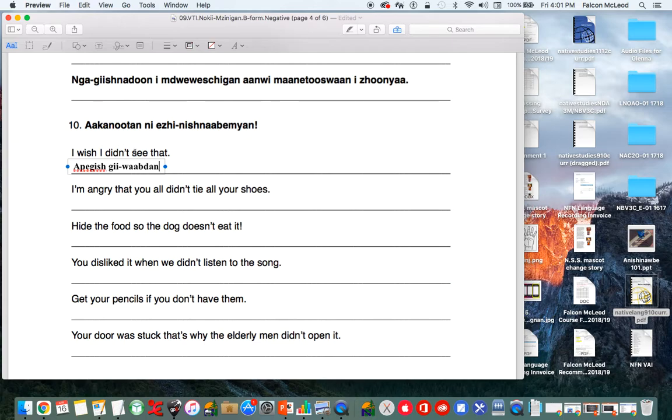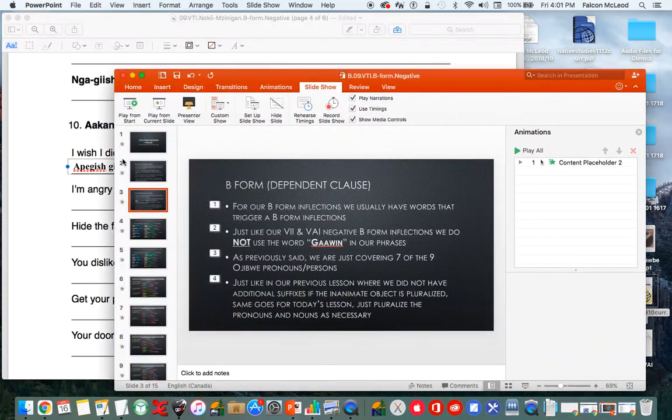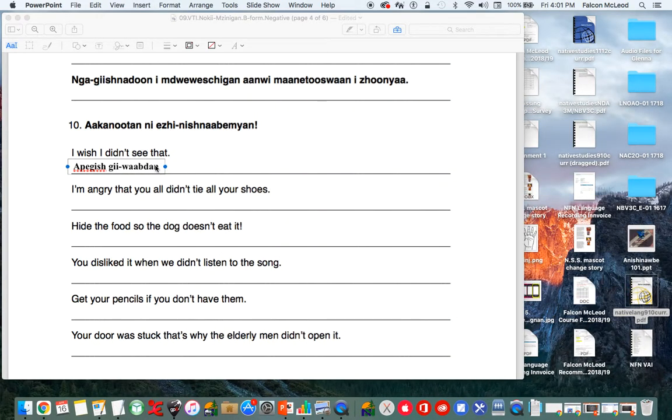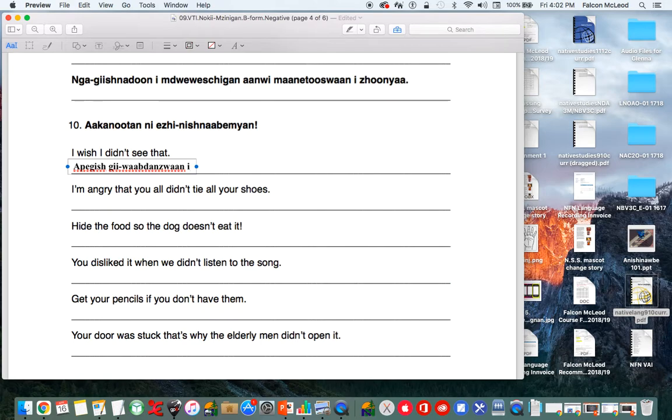And then we need our negative suffix for I and VTI ones. So VTI 1, and it's zwan. And then bigashki wabdanzwan, and then the word for that is either it's at the end. Bigashki wabdanzwan i.